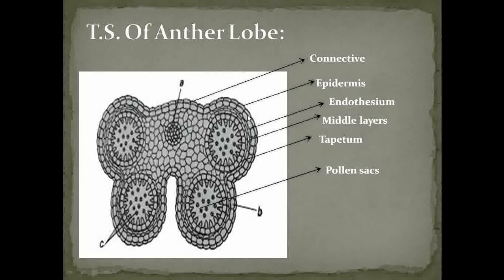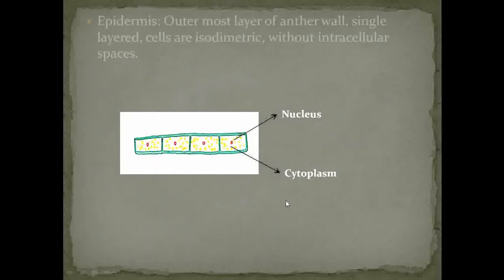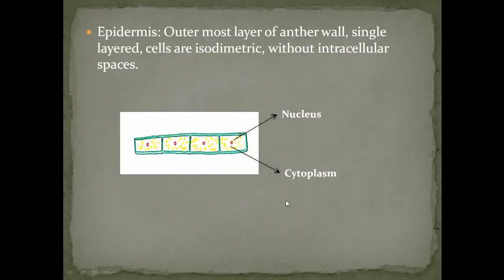The epidermis is followed by the endothecium. This endothecium layer is followed by the middle layer, and that middle layer is followed by the tapetum. And these are the four pollen sacs. This is the transverse section of the anther lobes, and this portion is called the connective. So let's see the anther wall one by one.